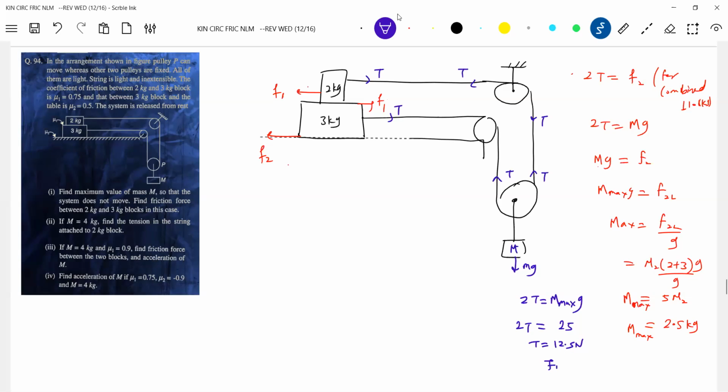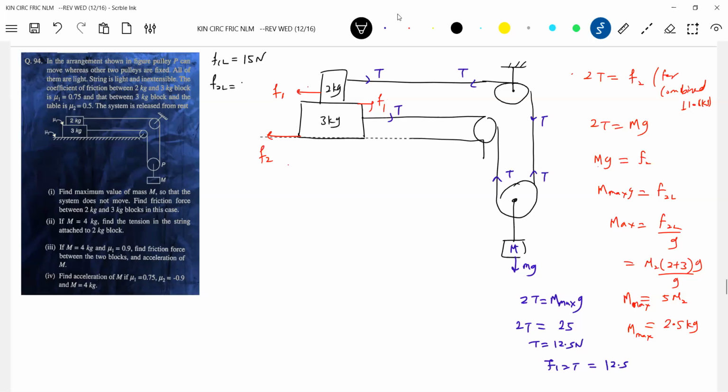Then F1 equal to T. What is T? 12.5. But what is the maximum permitted value of F1L? I think we need that first. F1L will be 15 Newton.